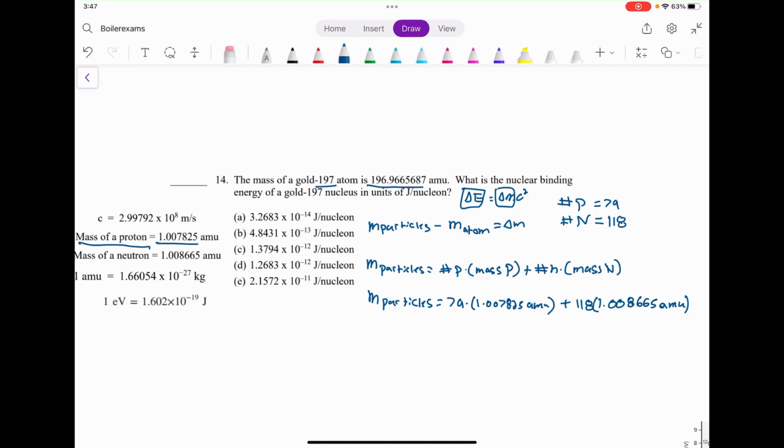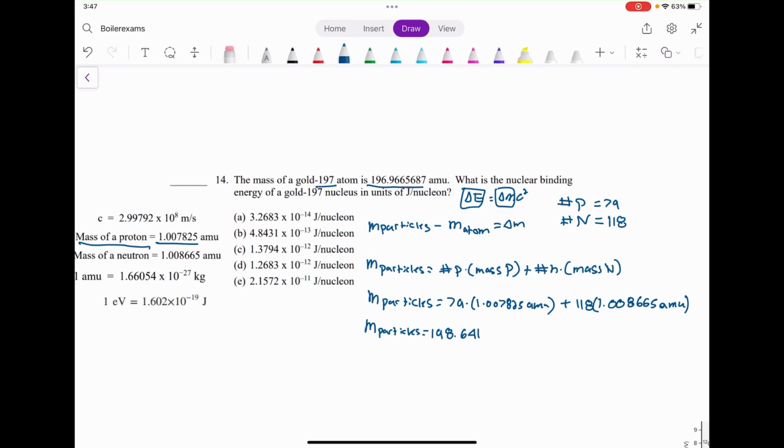Okay, so then, if we do that math, we get that the mass of the particles is equal to 198.641.